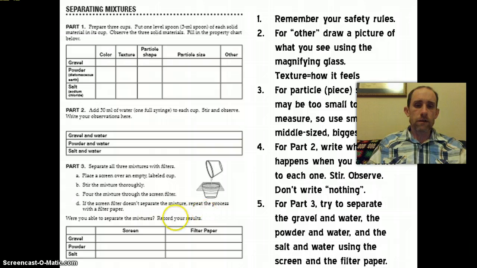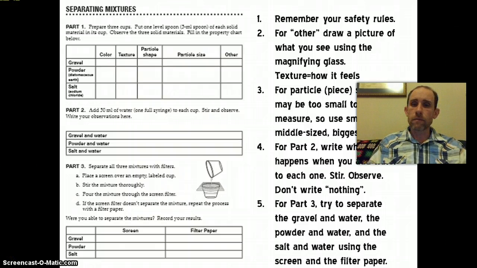The powder and the water you're going to try to separate with the screen and with the filter paper. You're also going to try to separate the gravel and the water, and the salt and the water, and record your results. Record whether you were successful in separating those mixtures or not.